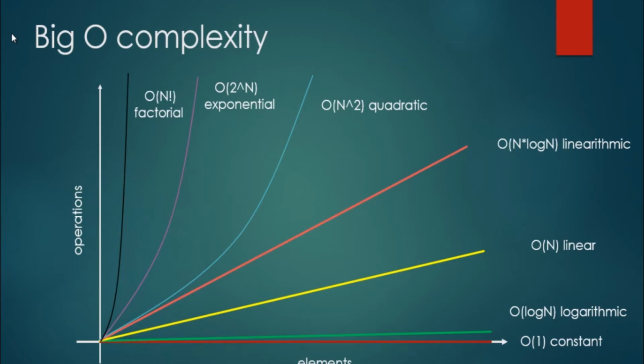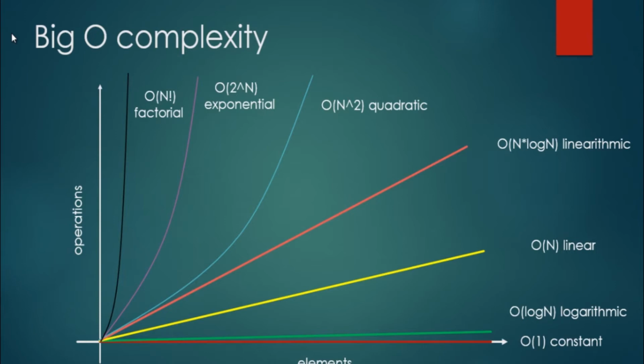For example, if we want to find the maximum element in an unsorted array, we have to iterate through all of the elements one by one. It definitely has linear time complexity. Then most of the divide and conquer sorting algorithms, merge sort, quick sort, heap sort, which we are going to talk about a lot in the coming videos, have linearithmic time complexity.